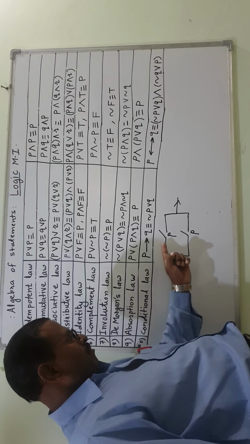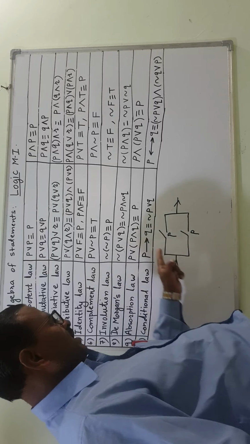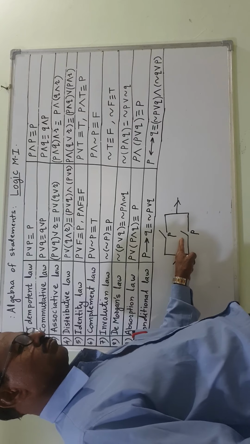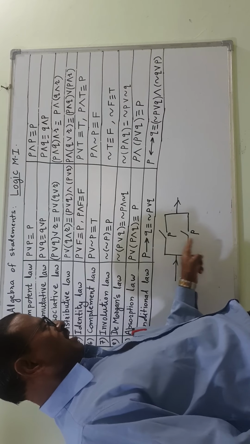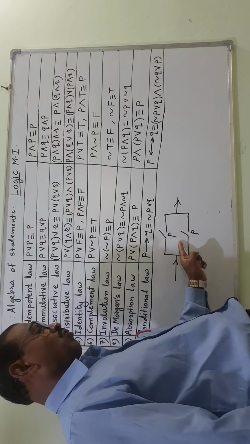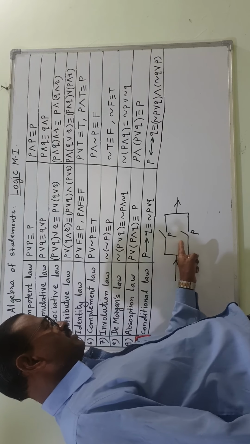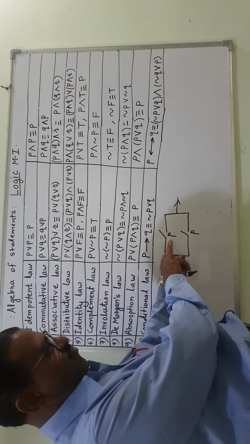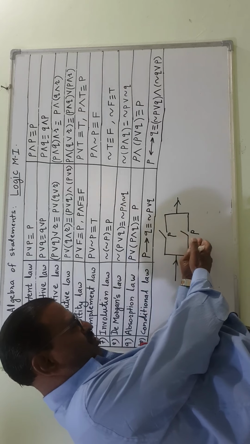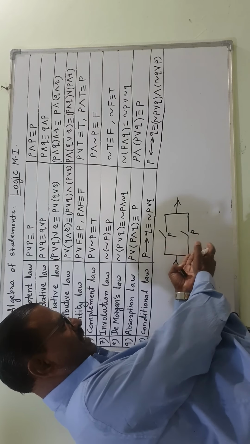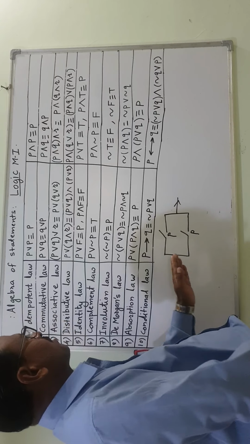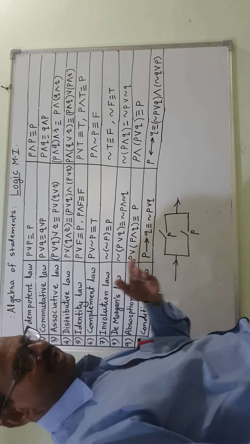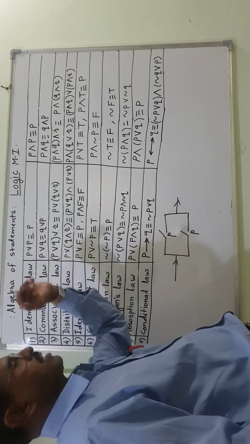So what will be the effect of this? If this is on, this will be on, means true, because it is the same switch. If this is off, then this is also off, false. That means the values will be true, false, depending on this one switch, because this is one and the same. So instead of having these two switches in parallel, it is better to have the single switch P in the circuit.